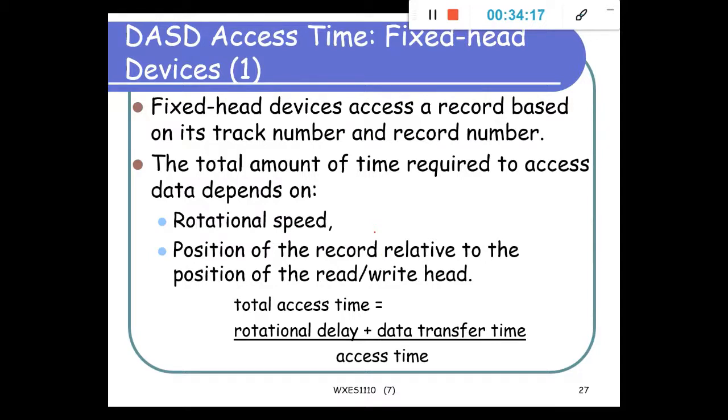Of course, your position matters: whether it's on a track far away from your intended track, far away from your intended sector, or in the same track but a different sector. So total access time is equal to rotational delay plus data transfer time. Rotational speed varies between devices but is constant within each device.